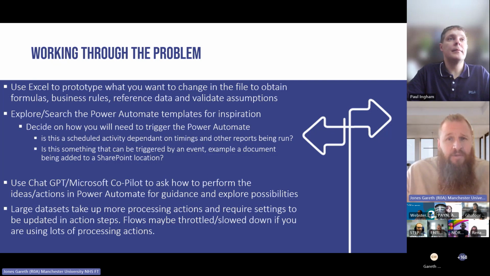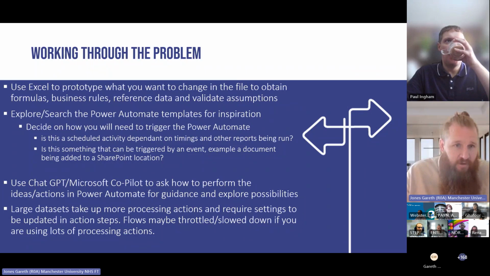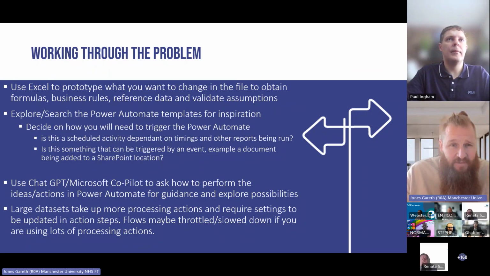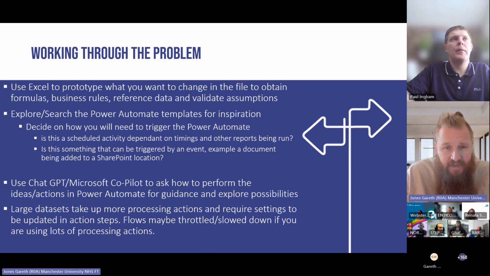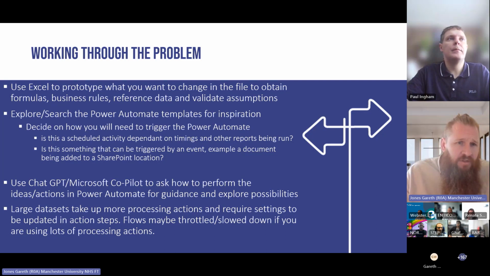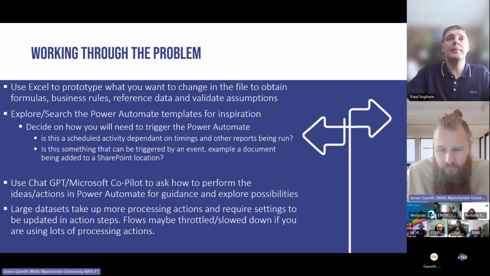Part of how you might want to search is to understand how you would want to trigger the automation. Is it a scheduled activity dependent on timings? Is it dependent on other reports being run, so it's something in a chain, in a sequence? Or is it something that can be triggered by an event? An example of that might be a document being added to a SharePoint location. You can design any number of different processes, but you can also design different triggers to start that automation happening.